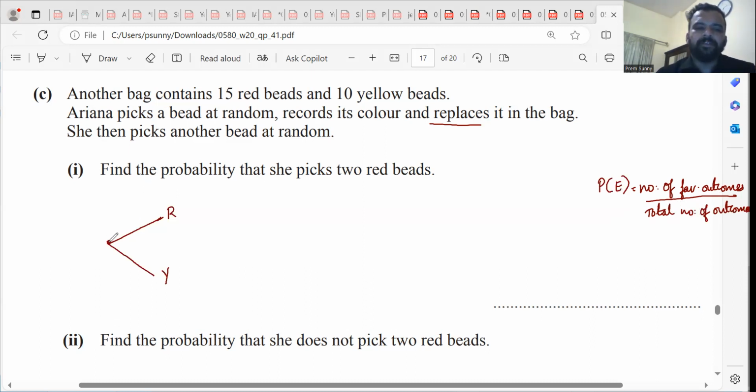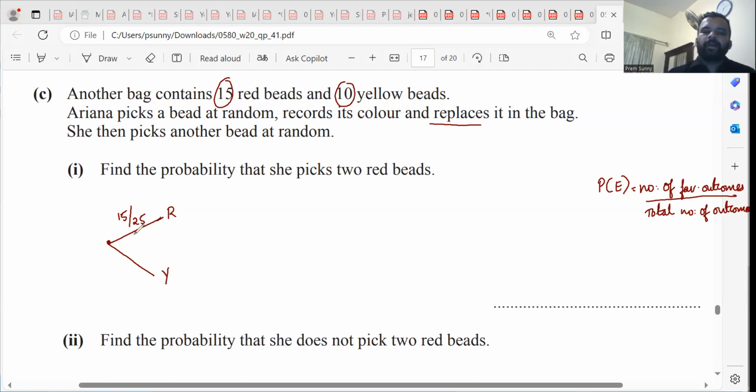So in the first attempt, getting a red, there are total 15 red beads, and altogether in total we have 15 plus 10, 25.